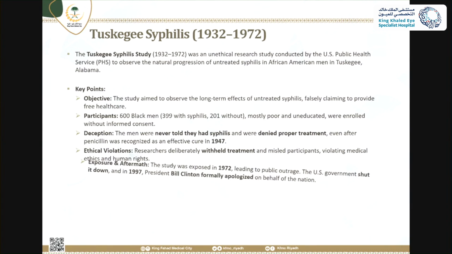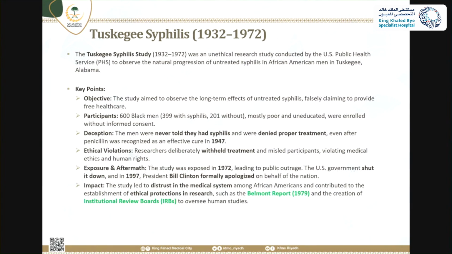At that time, they were vulnerable. They had no autonomy. No informed consent was obtained. They were unduly influenced by providing them shelter, food, and more. The study continued even after the discovery of penicillin.